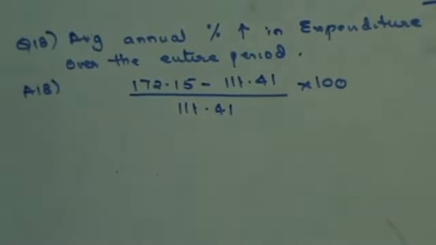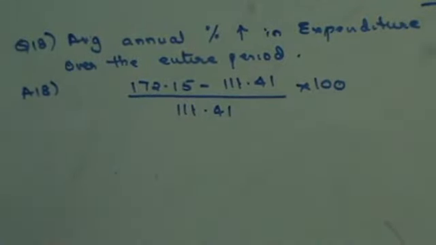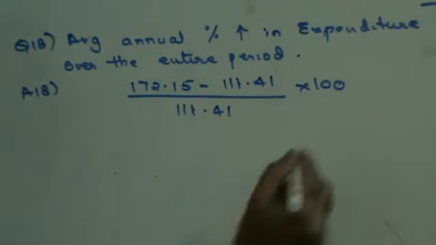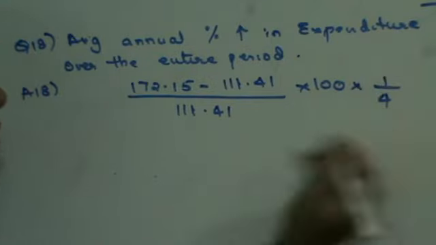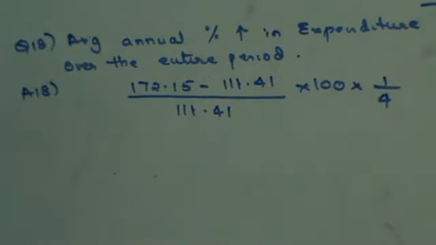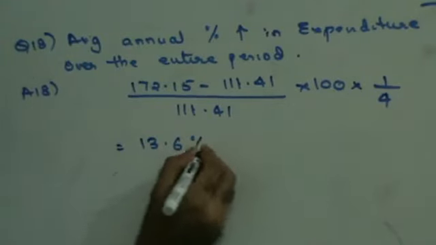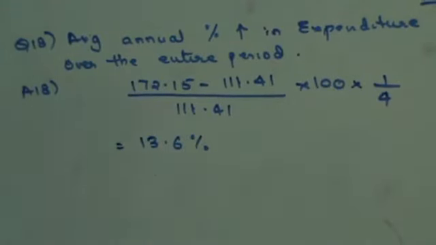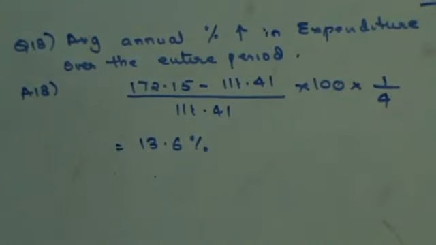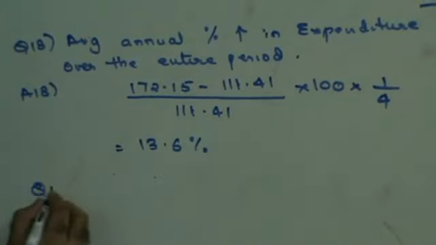But this will give me the percentage increase from 1991 to 1995. This is over a period of 4 years. So how much is the annual increase? If I divide this by 4, that will give me the annual increase, which will work out to 13.6%. So year on year basis, our expenses are going up by 13.6%.